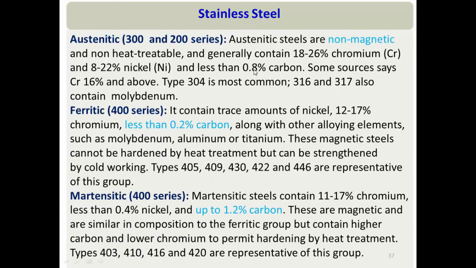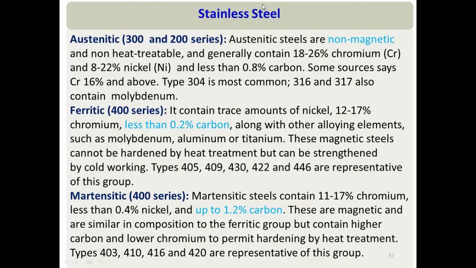Now in a steel, if the chromium percentage increases above 10% or usually above 12%, very high corrosion resistance arises in the steel, and the steel usually does not corrode easily.